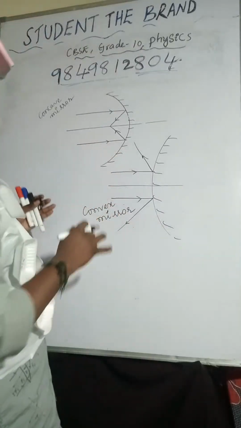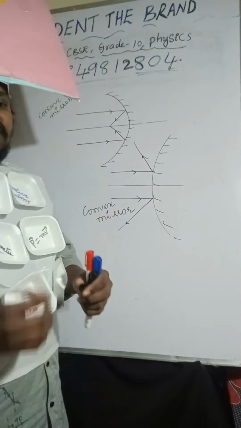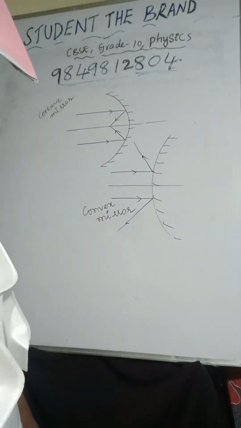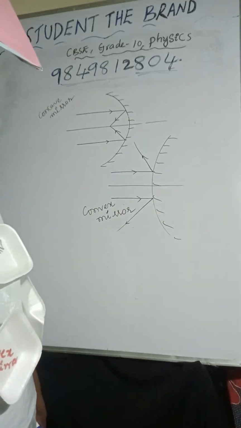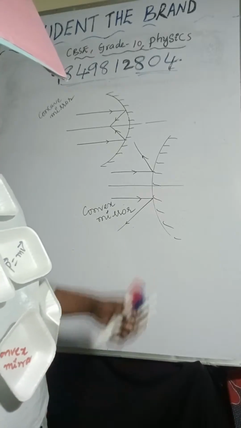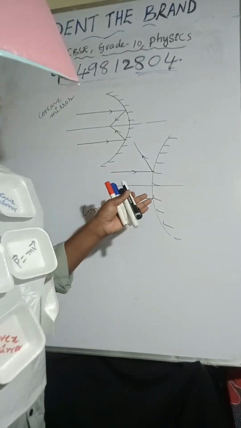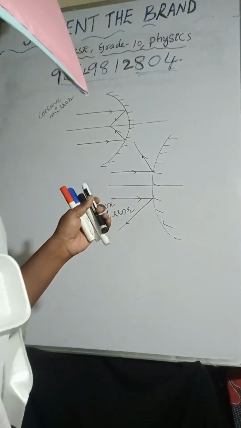So now we have observed, by seeing the diagram, we can conclude that after reflection in the concave mirror, the light rays are moving towards the principal axis. Here you can observe, after reflection, the light rays are moving away from the principal axis.